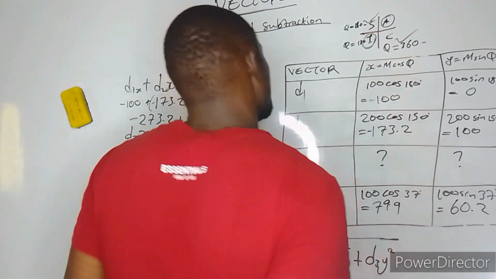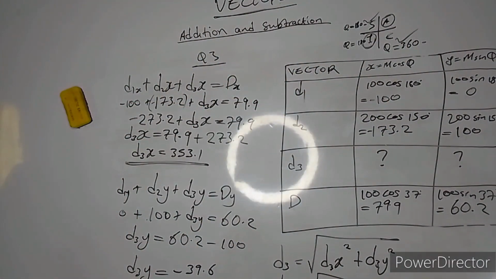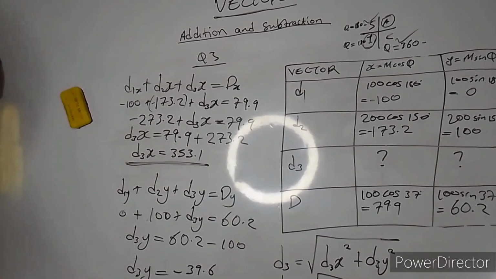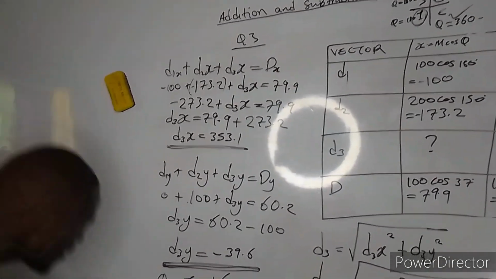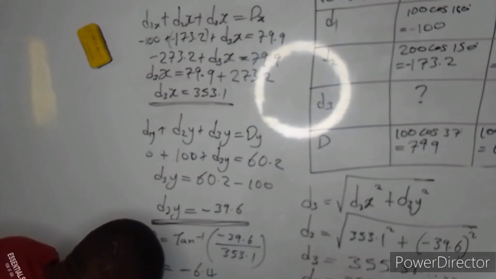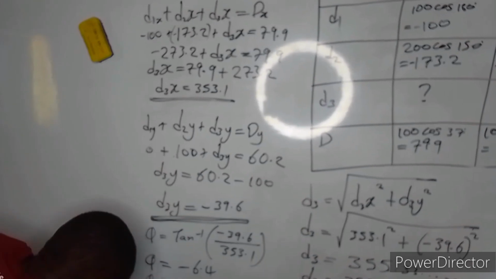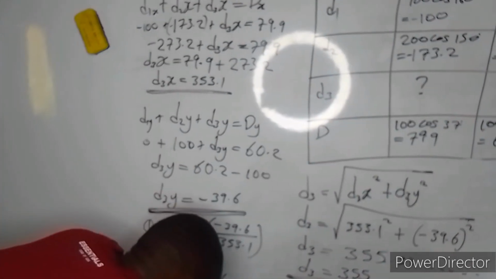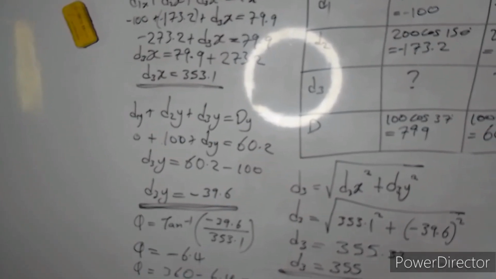So here we add. Now, since we have gotten this value, theta will be equal to 360 minus 6.4.